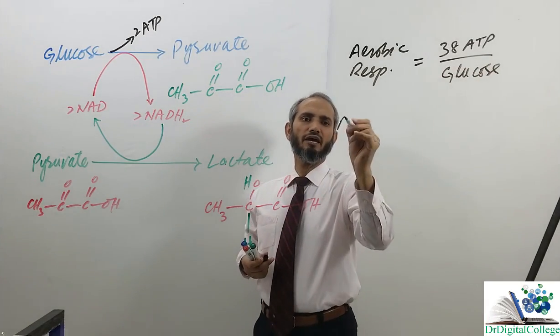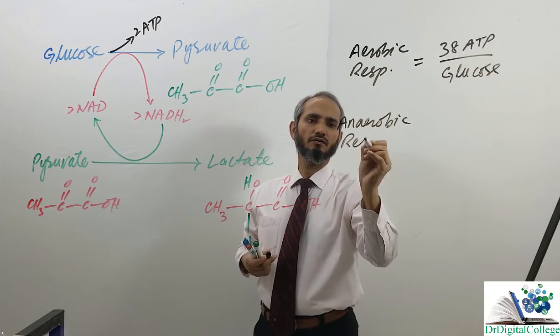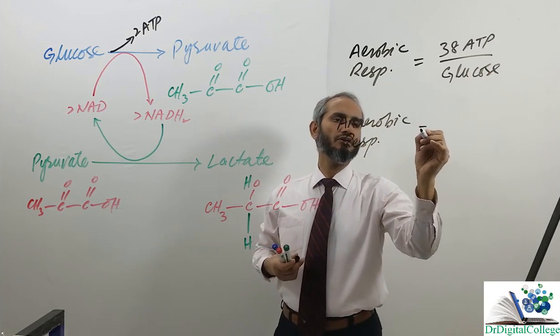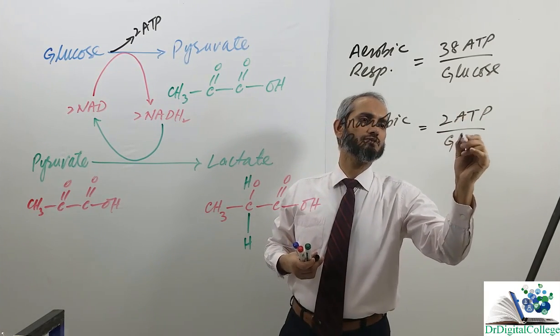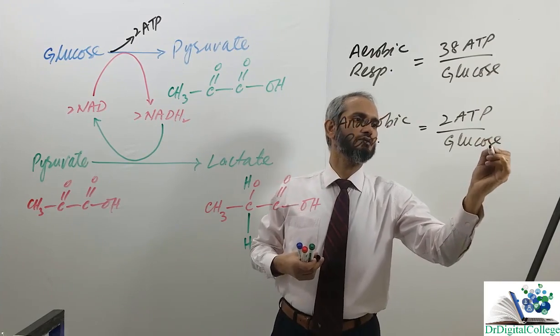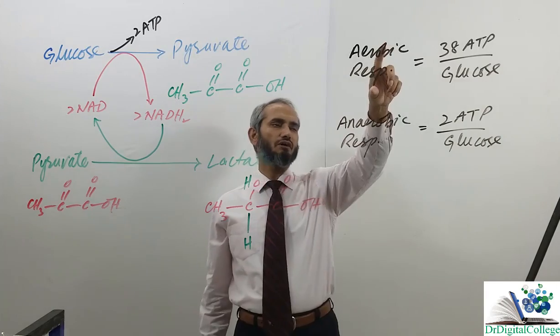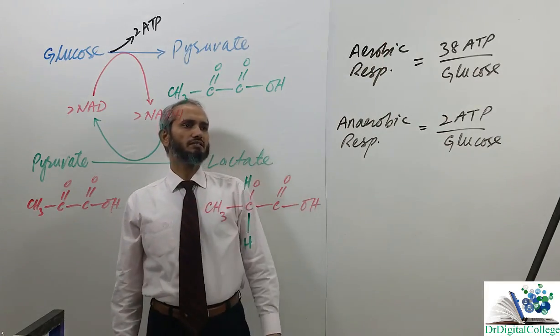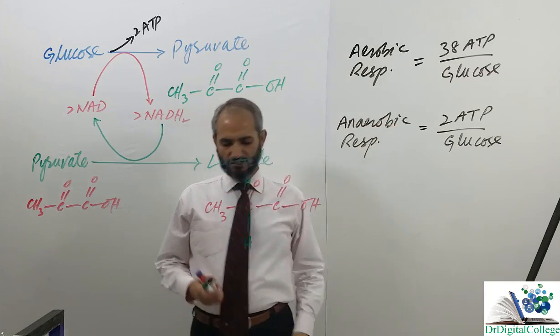And here for anaerobic respiration, we have got just 2 ATP per mole of glucose. Meaning it's obvious that the overall energy efficiency of aerobic respiration is much higher than the overall energy efficiency of anaerobic respiration.